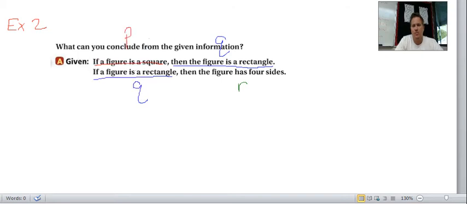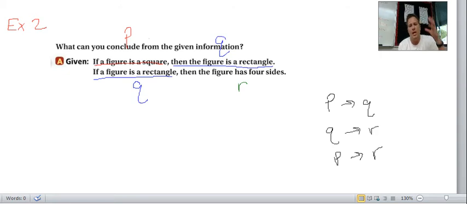We say, if P then Q, if Q then R, so what can we conclude? P then R. So we can put those together.